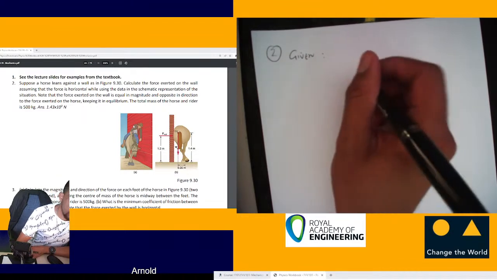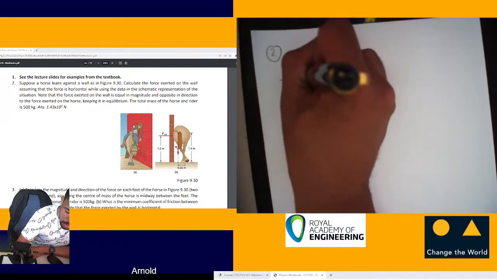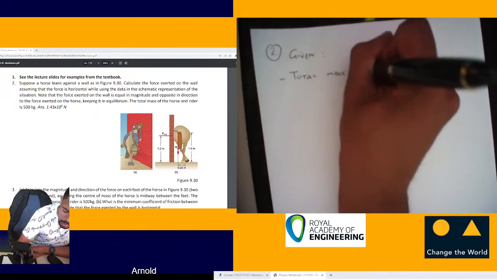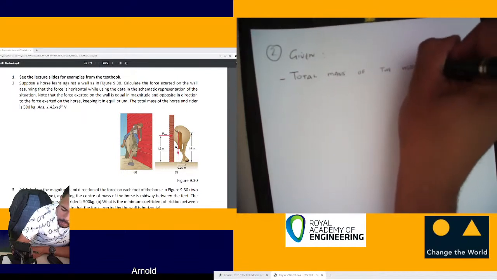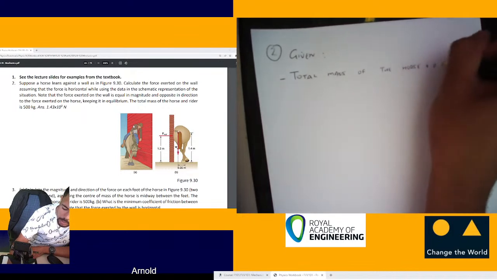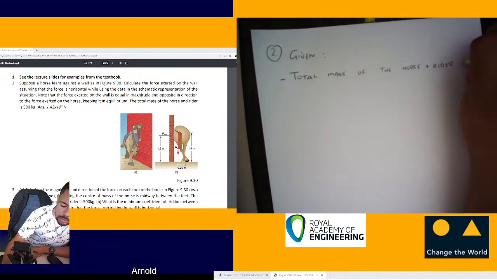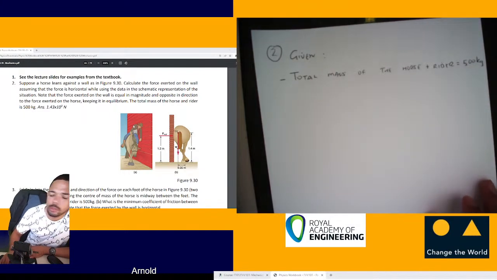We're given the total mass of the horse plus the rider, which is equal to 500 kilos. If it's 500 grams, it's a really light horse, a really small horse and human.